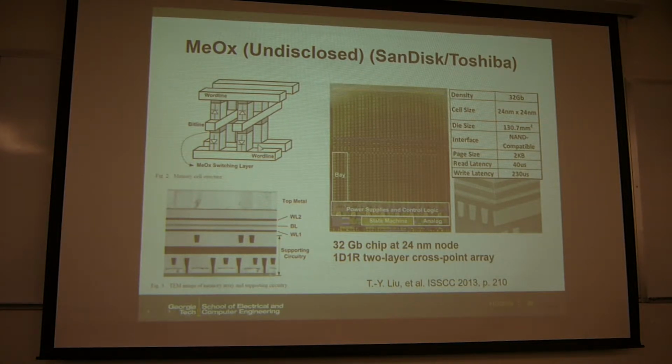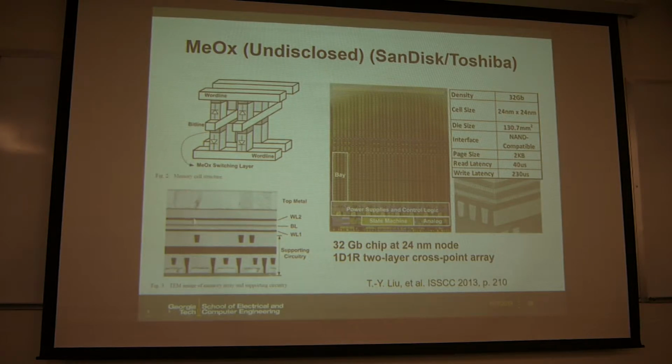If you look at the stack, it's a 2-layer cross-point, and the middle layer is a shared bit line, and then there are 2 word lines, the top tier and the bottom tier, and then this is one S1R because you have the resistor and the selector here.